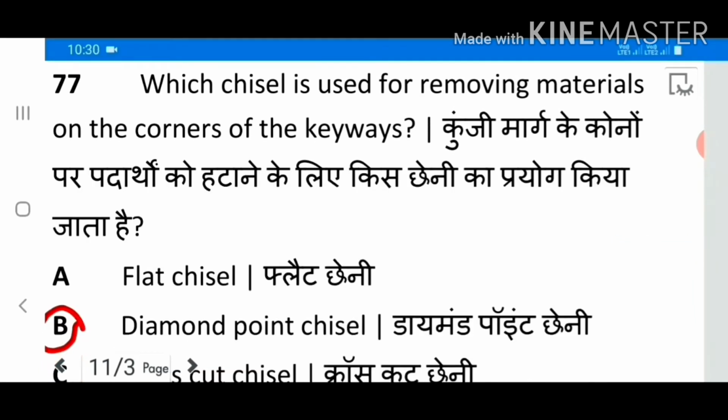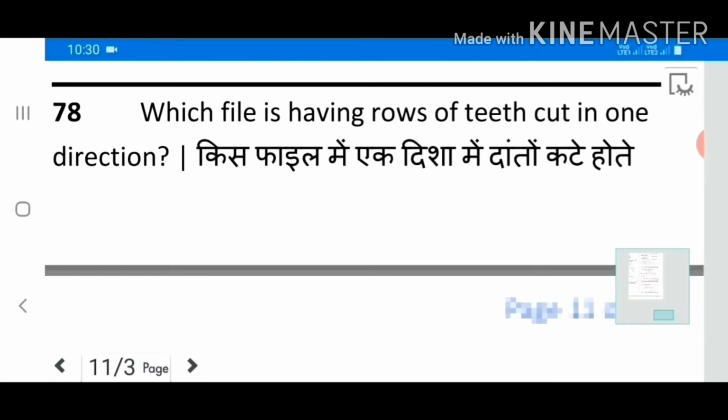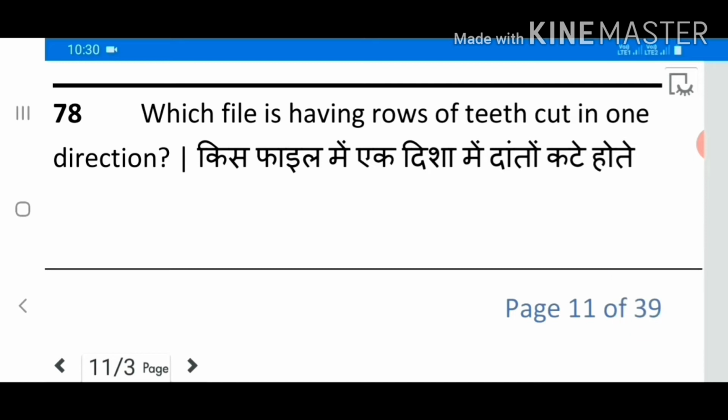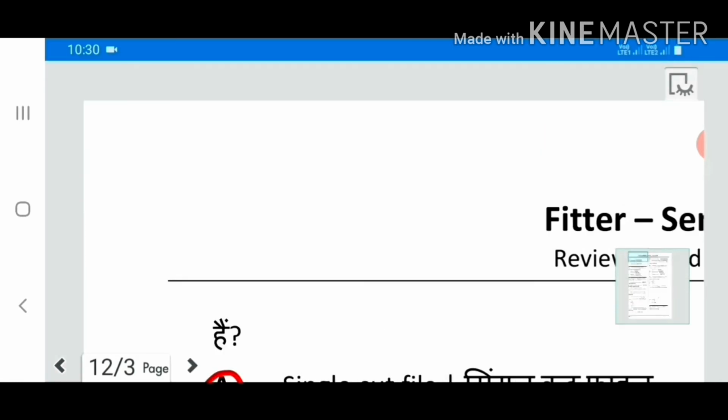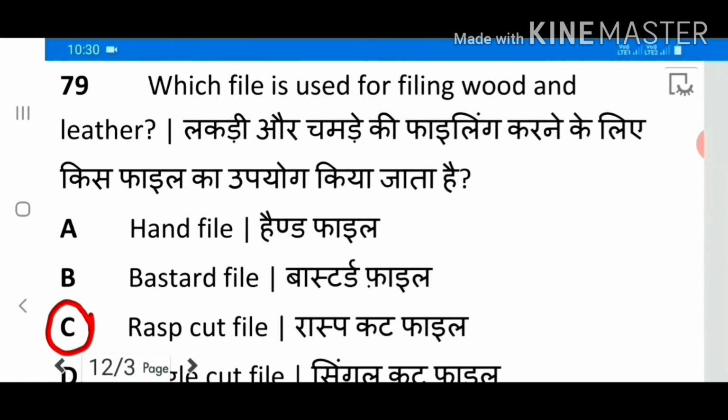77. Which chisel is used for removing materials on the corners of the keyways? Answer B. Diamond point chisel. 78. Which file is having rows of teeth cut in one direction? Answer A. Single cut file. 79.